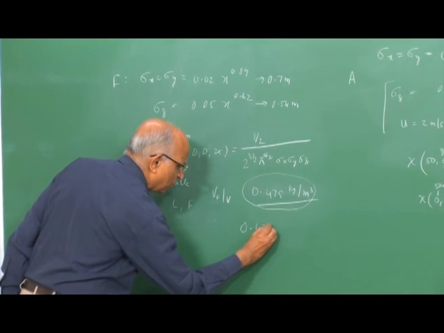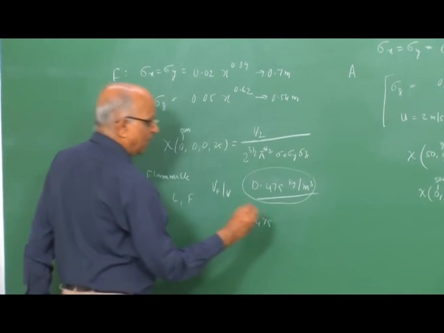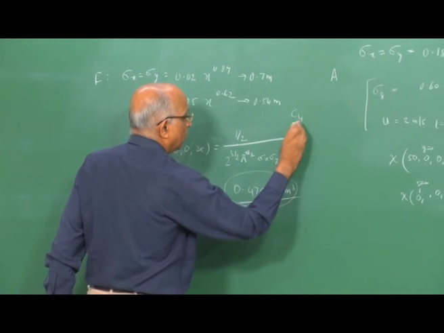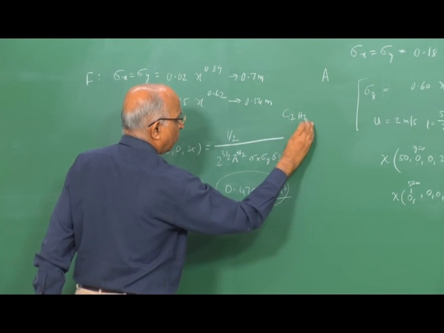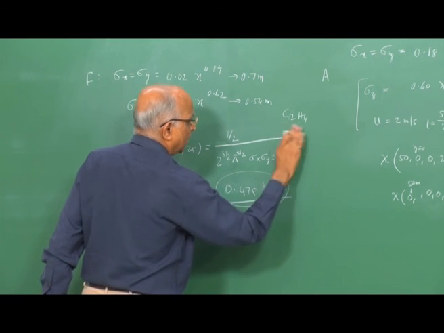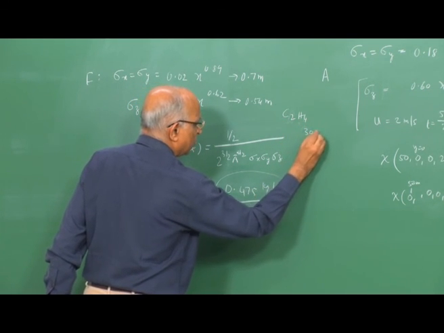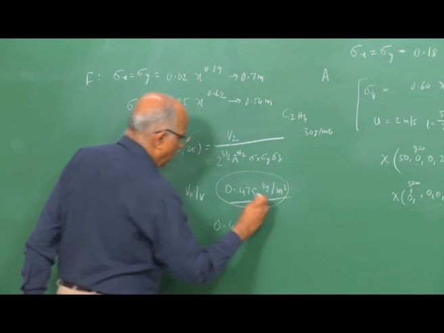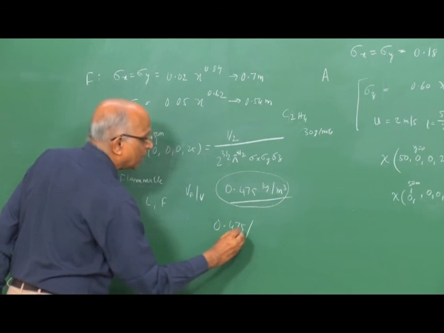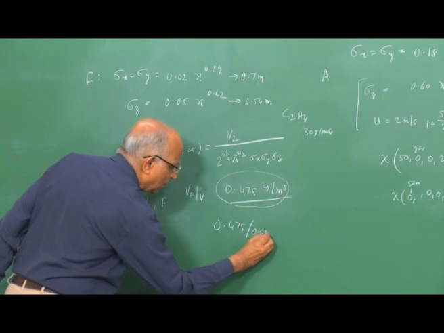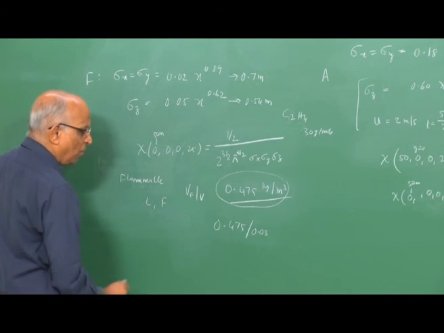I have 0.475 kilograms. If I take ethane, that is C2 H6, the molecular mass is 24 plus 6, that is 30 grams per mole. Therefore, when I talk in terms of 0.475 kilograms, I have to divide it by 0.03 kilograms per mole. This gives me the number of moles.